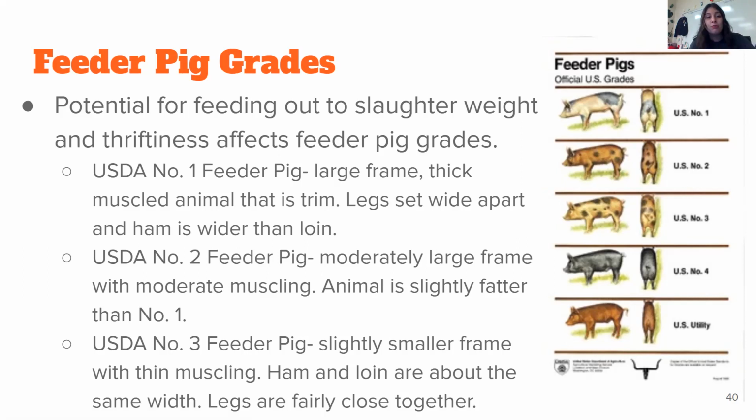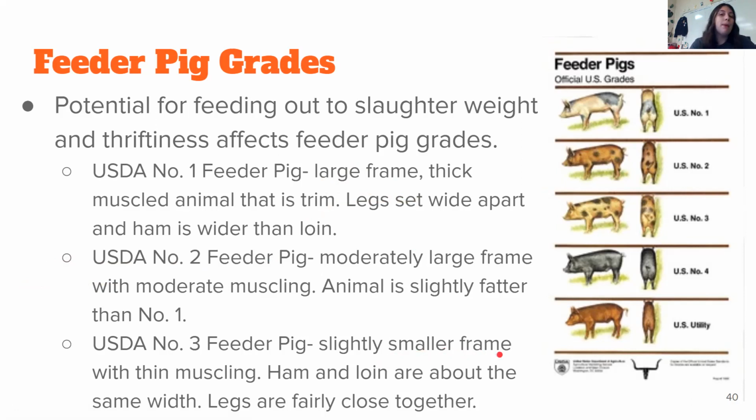Are they bigger than the average pig, the same size as an average pig, or smaller than the average pig? If they're bigger than the average pig, then we would say that they have a large frame. If they're pretty average, we would say that they have an average or a moderate frame. And if they're smaller than the average pig, we would say they have a small frame.